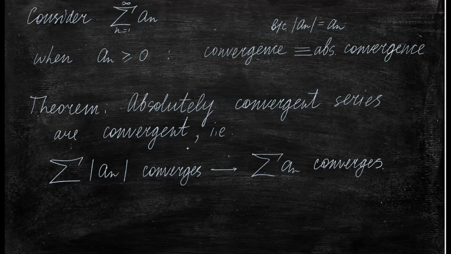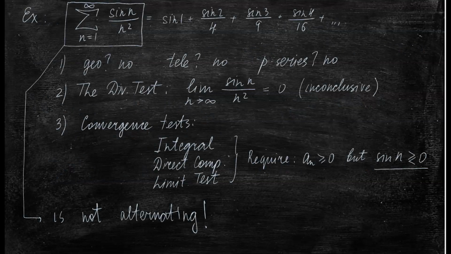And if you remember, this whole conversation about the alternating series and absolute and conditional convergence was originally inspired by this problem. So here we had a series which is not alternating, so the alternating series test cannot be applied, but at the same time neither integral nor direct or limit comparison test can be applied, because it doesn't have all the terms that are always positive. So now with these new tools we can tackle this problem again.